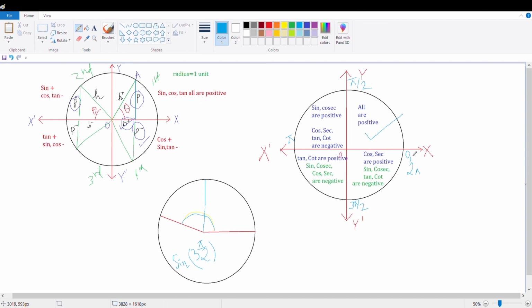Like 0, 1 by 2, 1 by root 2, like that. Understood? So all the values we got in class 10 are positive because all the angles were situated in the first quadrant. But in class 11, we will find values which are negative. I mean, we'll find values throughout all quadrants.